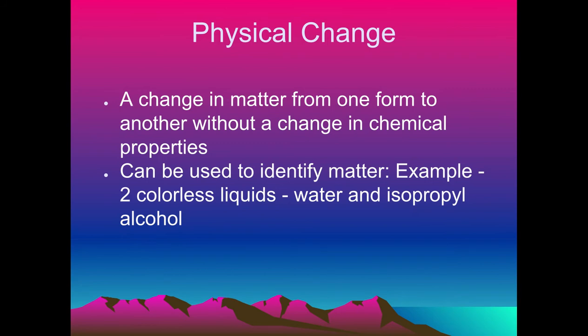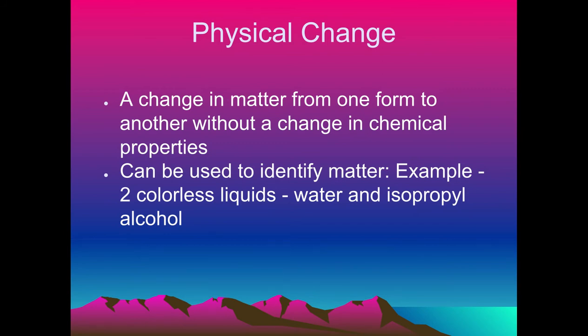If I say you have to drink one of these two glasses, one is water, one is rubbing alcohol, what would you do before you drink? Smell it. Yeah, we would use different properties, right? You're probably not going to calculate the density of the water to see if it's close to one. You're just going to go, oh yeah, that's not it. And then you're going to drink the water, right?